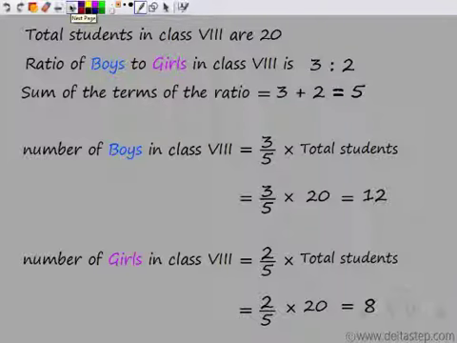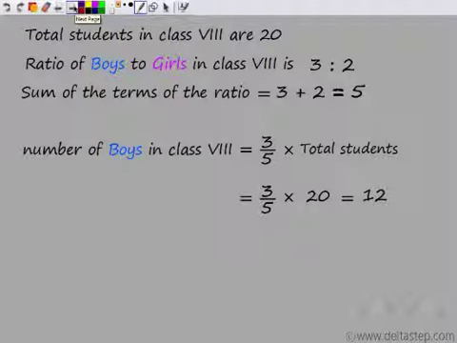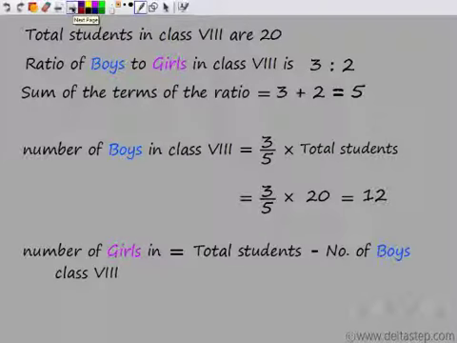Now rather than finding the number of girls this way, you could have solved it from here only. We found the number of boys in the class is 12. We know the total number of students also. So we can find the number of girls. Girls would be the remaining students, total students minus the number of boys.